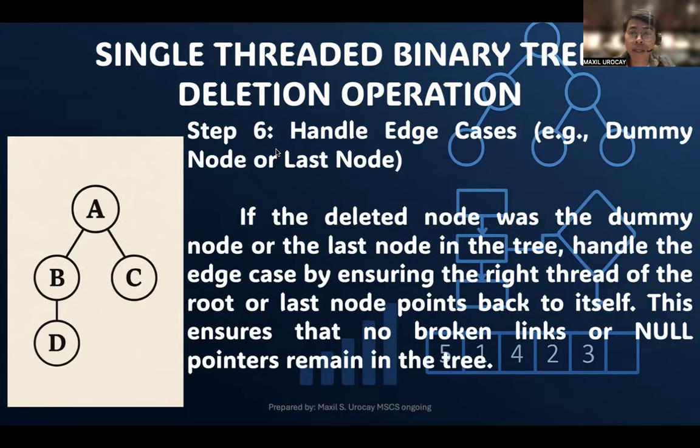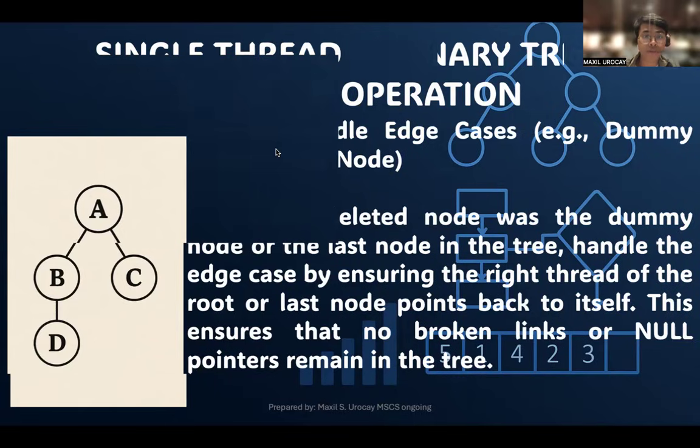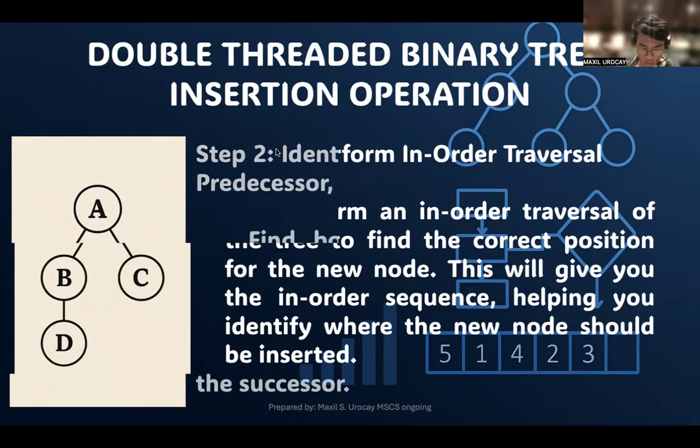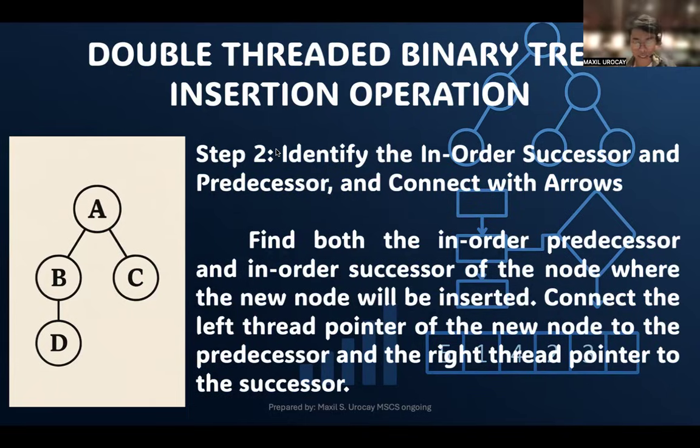But let's actually deal with a double threaded binary tree also. So for the double threaded binary tree insertion, we perform in-order traversal first of the tree to find the correct position for the new node. This will give you the in-order sequence, helping you identify where the new node should be inserted. So identify the in-order successor and predecessor and connect with arrows.